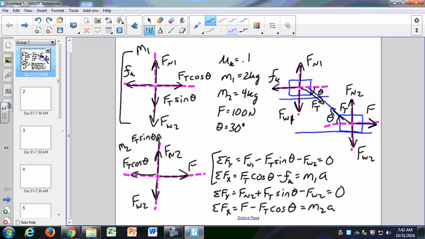Okay, so from here, the way you would approach this is you would say, let's see, what are your unknowns? You have to figure out your normal force. I think I might have to actually give you the tension in this to make it solvable.